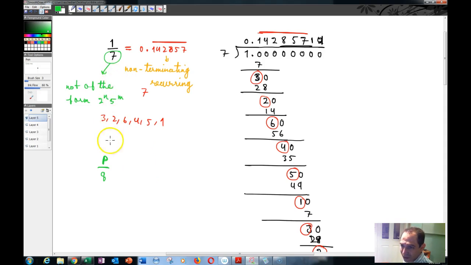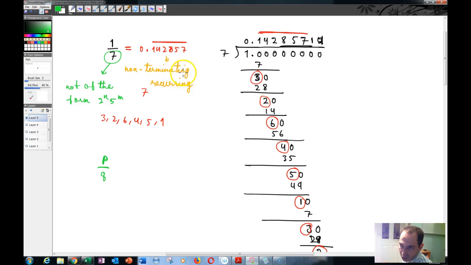Now, based on this, you can say that since in this rational number the denominator, or q, is not of this form, the decimal expansion of this number is going to be not terminating.